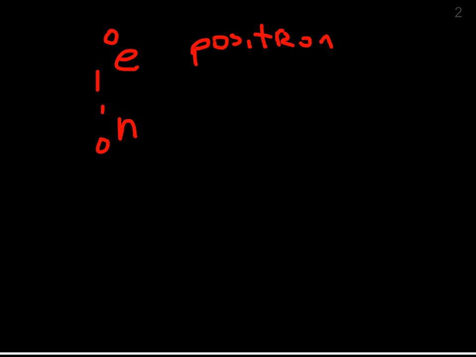A neutron in radioactive chemistry would have this symbol, n, zero charge, a mass of 1, and so that's going to be a neutron. So those four, a beta, alpha, positron, and neutron, are the particles that you use to balance a nuclear reaction.